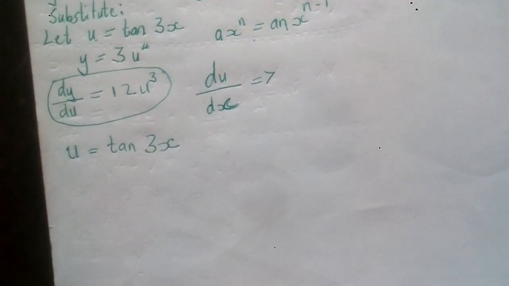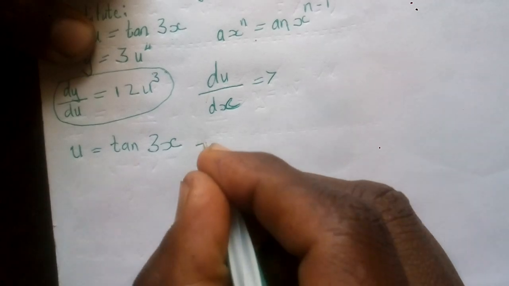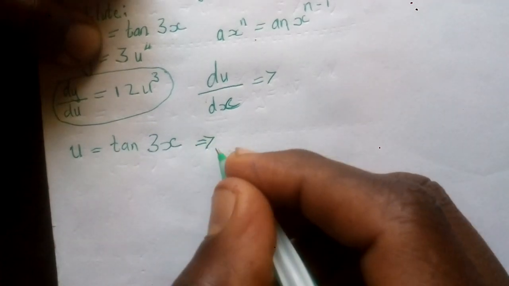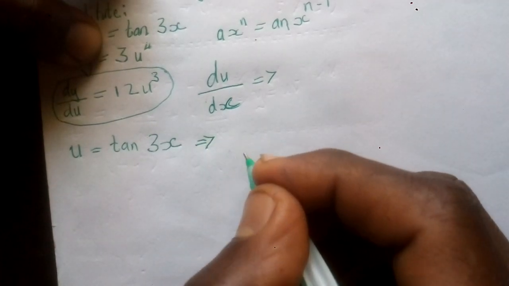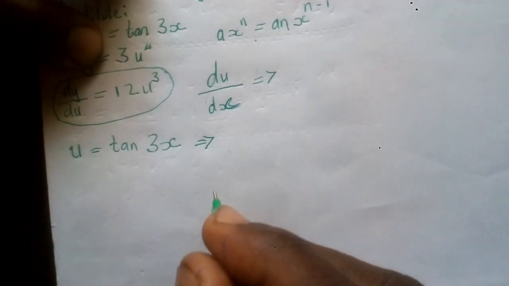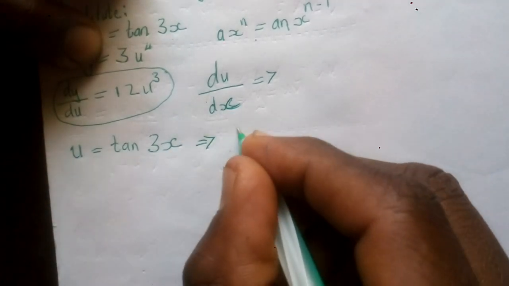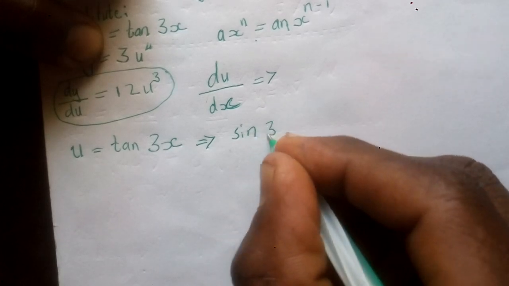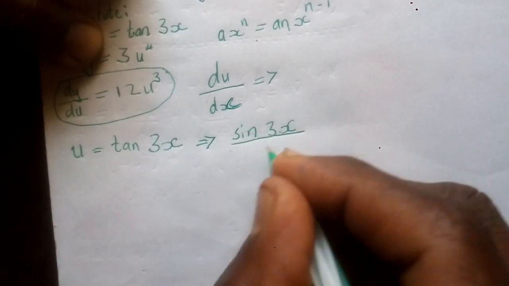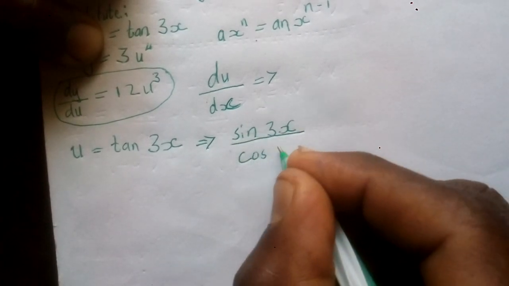In trigonometry, tan theta is equal to sine theta all over cos theta. So this one will be sine 3x all over cos 3x.